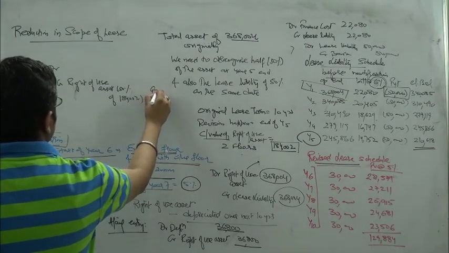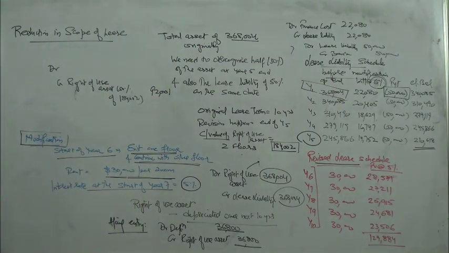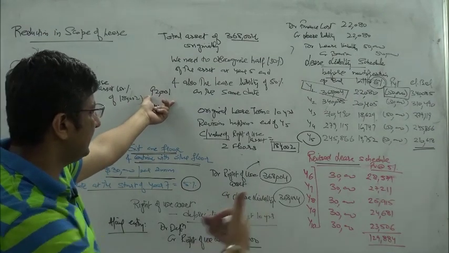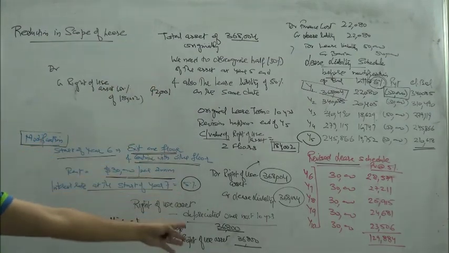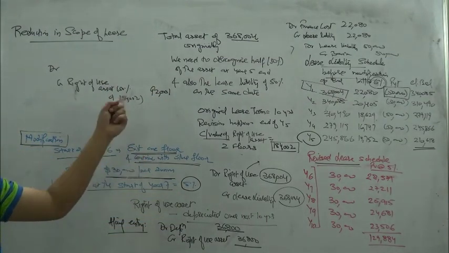Now this comes to 92001 on this date. Is it okay? Yep. So I've got this value. So I'm de-recognizing that one floor's carrying value as logically as it should be because I'm exiting that floor.